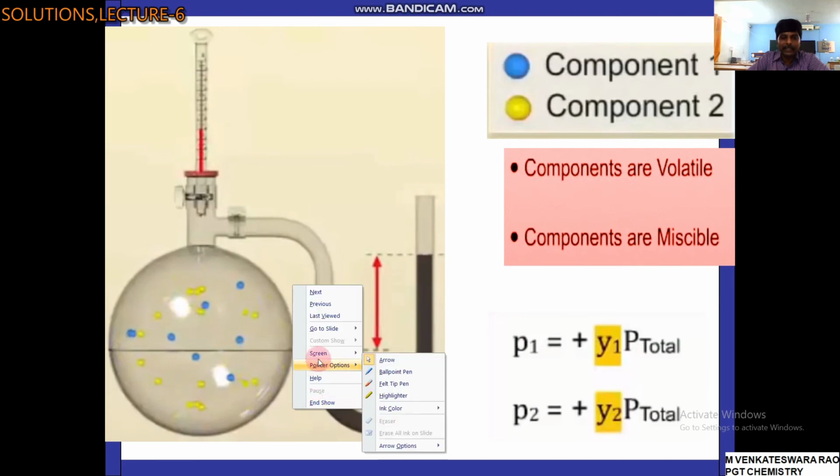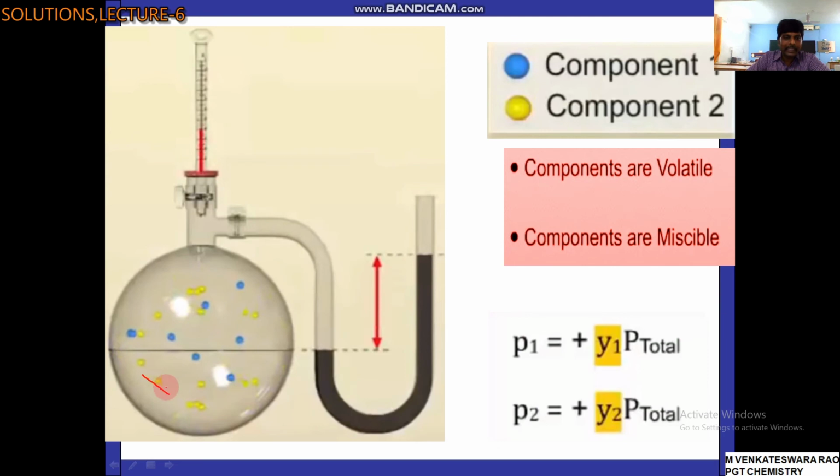Here I will explain. Here X1 and X2: X1 is for component 1, X2 is for component 2, in which state here? Liquid state.